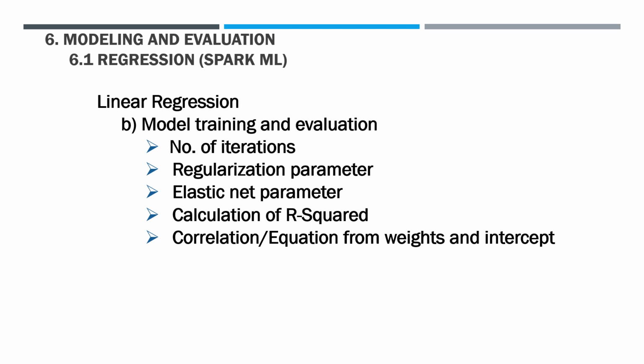And then for every run, the model was evaluated by using R squared, and for the best value of R squared, the weights of each input parameter were calculated, and also the intercept was calculated, and an equation was developed to forecast the plant power output.